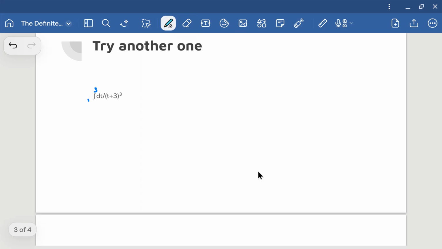Just nice and small, but let's write this a little bigger: the integral from 1 to 3 of dt divided by t plus 3 to the power of 3. So let's start with the substitution. Let u equal t plus 3.